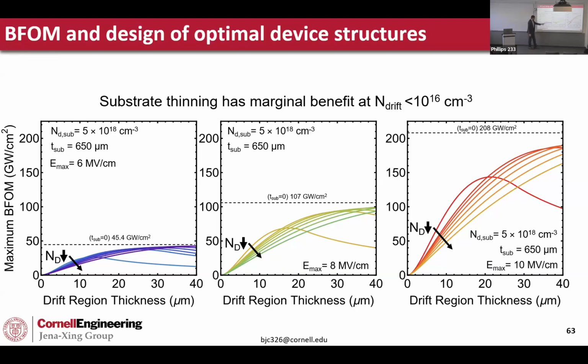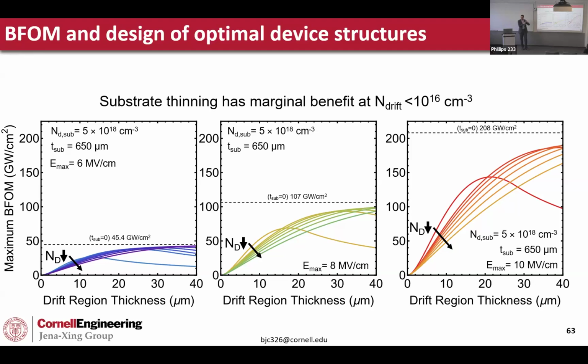If you're at 2E16, you have a decent amount of benefit here, like 40-ish% that you're losing from the substrate resistance, which makes sense. The resistance of the drift region at 2E16, 10 micron, and the substrate is roughly 65 times larger. If you do 2 times 65, roughly 130, you could say mid E18. So they have roughly approximate resistances.